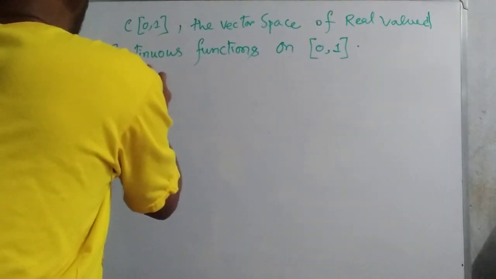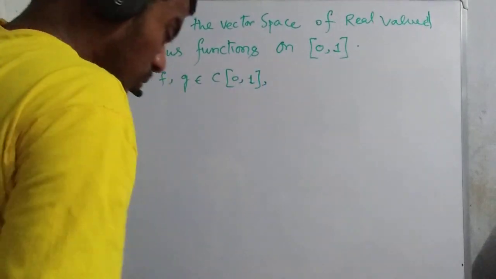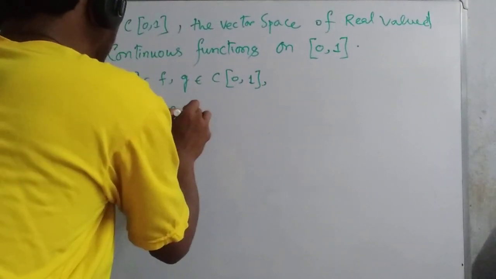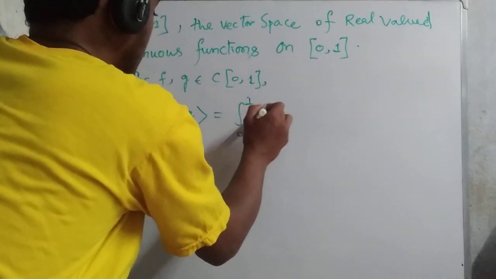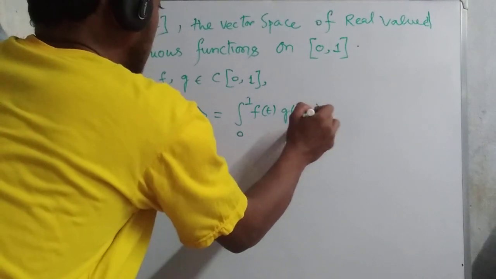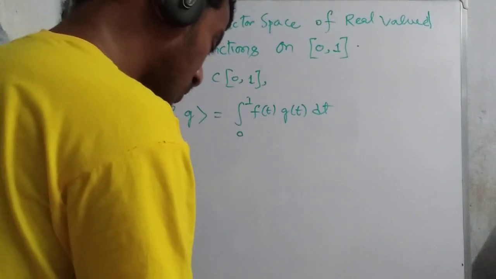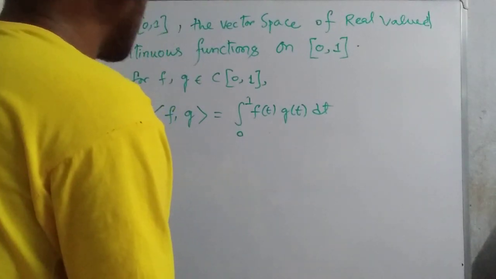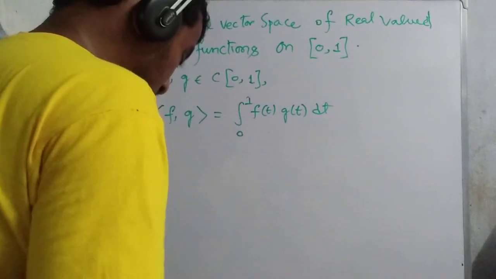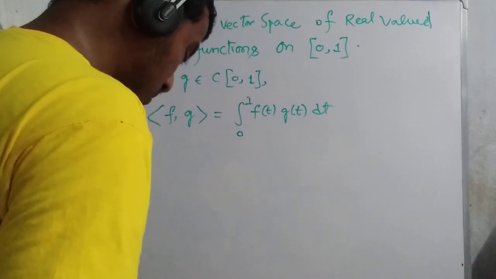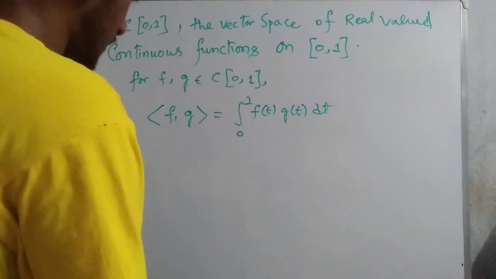Obviously, for f and g belonging to C[0,1], define the inner product of f and g equal to the integral from 0 to 1 of f(t) g(t) dt. Understood? Not a problem at all. So what we get here is an inner product space, that means C[0,1], the set of all real valued functions.